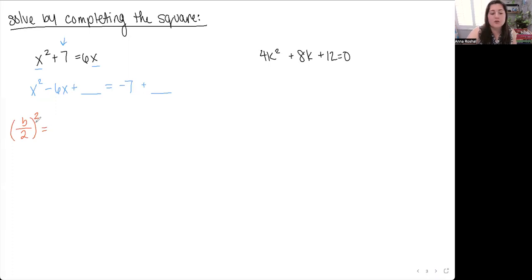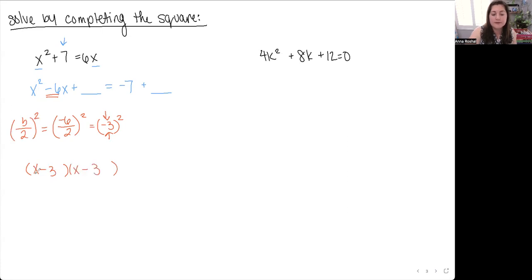So we know that b is this middle term here that's always attached to the x. So I'm going to have negative 6 over 2 squared, make it negative 3 squared. And this is the number that you're going to put in when you open up two sets of parentheses.